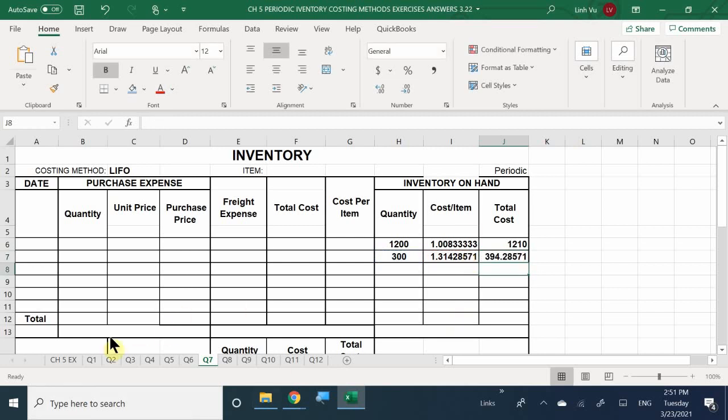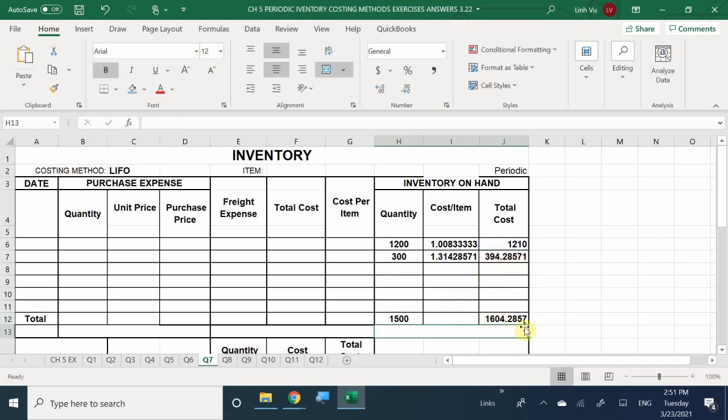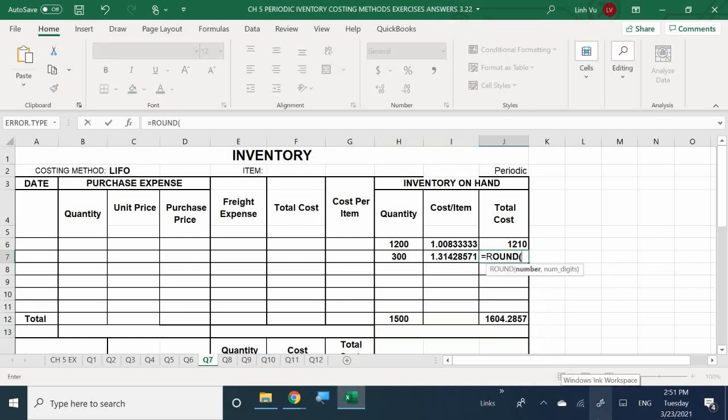Okay. And here, this should equal the 1500. So I'm just going to add them up real quick. 1500. And it should be for the 1604.29. So I'm going to equal round this because it's not giving me a good number.